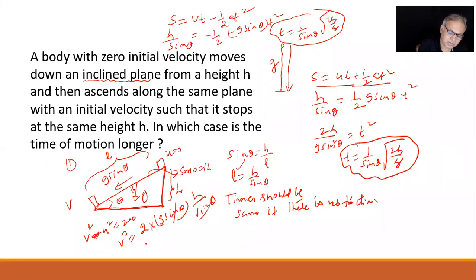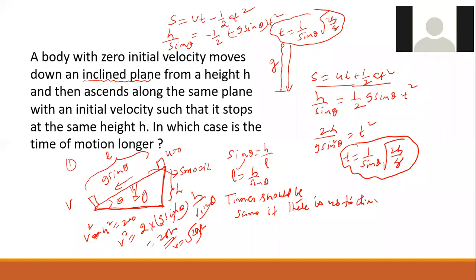So V square is 2gh, right? So V is root of 2gh. Throw it up with the same speed. What height it goes, you can calculate if you want. I'm throwing it up with the same V, for example. V will be root of 2gh, right?